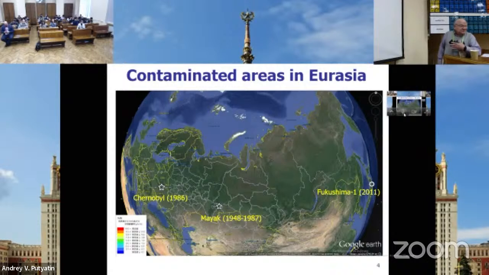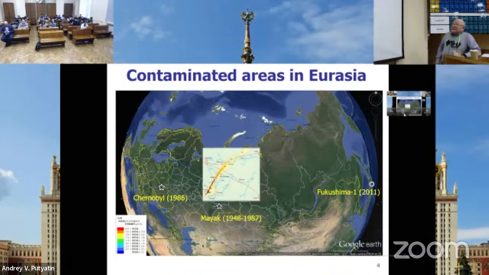And actually, today I will tell you about these accidents chronologically. So the first one was at Production Association Mayak in Russia now, in Soviet Union at that time. So we will consider this in more detail.